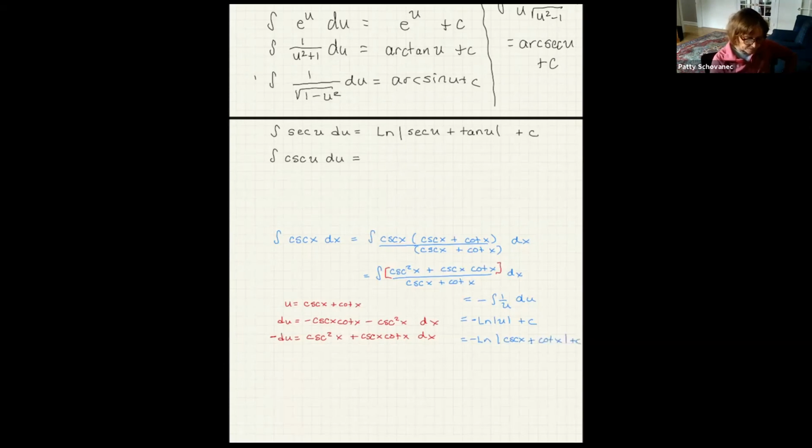There we go. So I'm going to go back up here and write that as a formula for you guys to learn. The integral of the cosecant of u du is minus the natural log of the absolute value of the cosecant of u plus the cotangent of u.